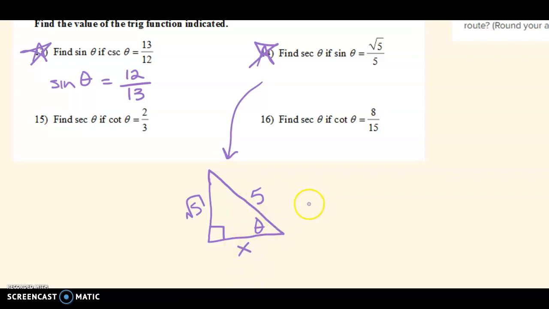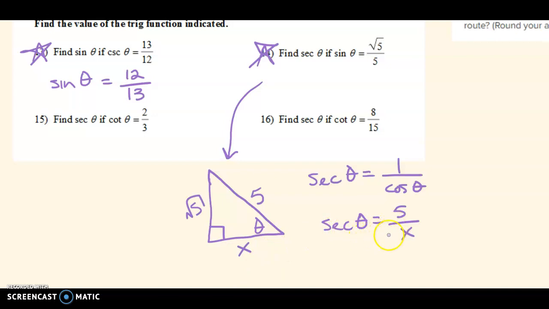I'm trying to solve for secant of theta, which I know is 1 over cosine of theta. It's a reciprocal function. And so if cosine of theta is x, my adjacent side, over 5, my hypotenuse, secant of theta is going to be 5 over x.